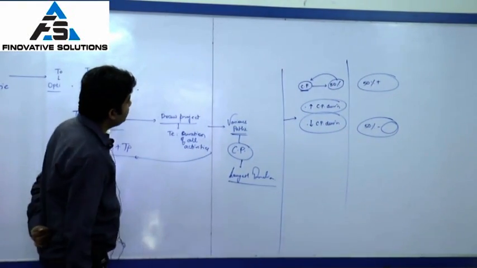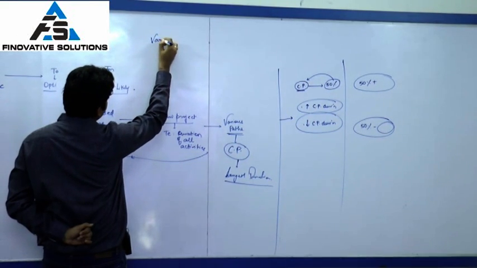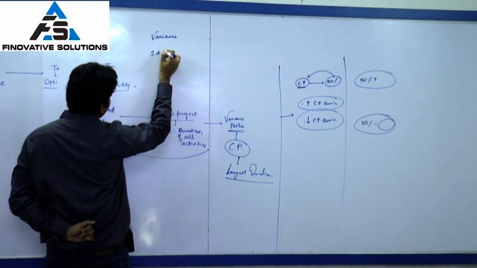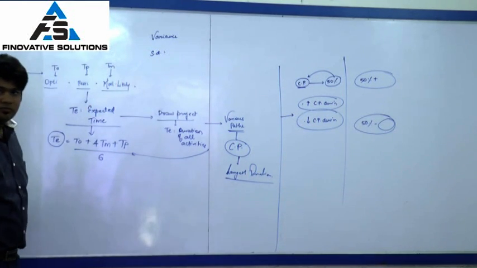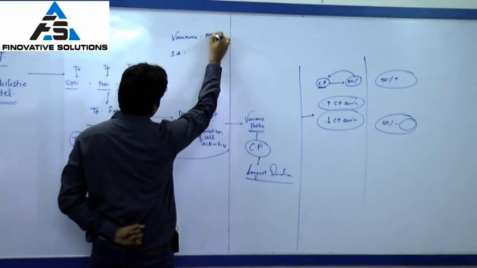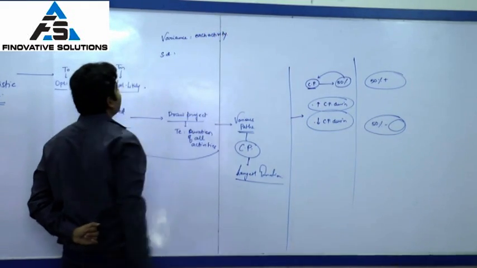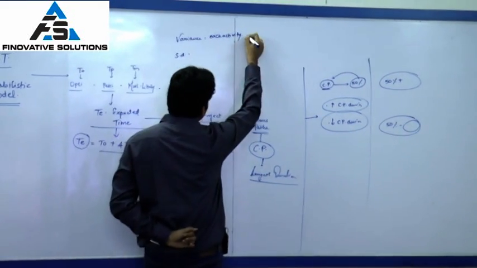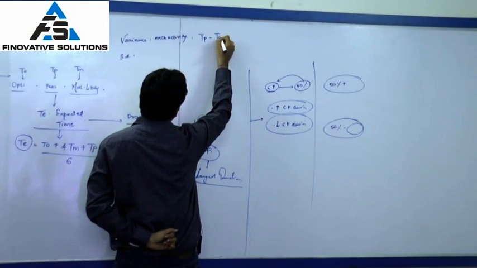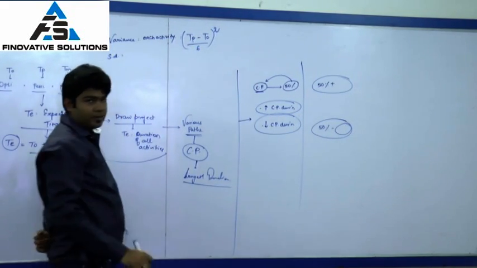How do you calculate that? For that we will require two fundamental things. One is the variance, the other is my standard deviation. Variance I will calculate for each activity, because my question at times asks to calculate variance for each activity. How do I calculate variance? This variance is on account of my TP and TO. So, TP minus TO upon 6, the whole square.